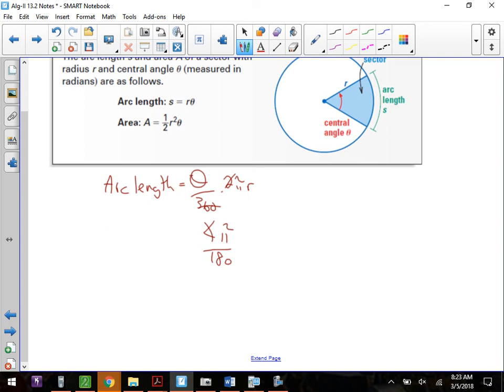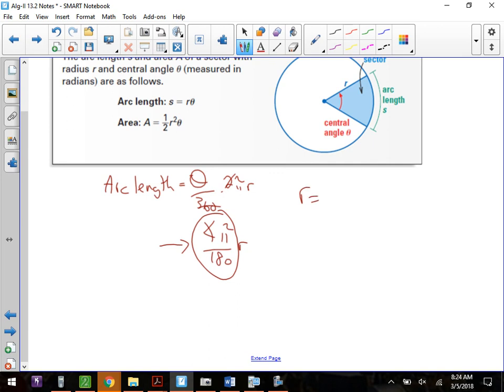So arc length last year when you did it, you guys were already converting stuff into radians. You just didn't know you were doing it. So this value here is the conversion from degrees to radians multiplied by the radius. And this is exactly what you did last year. You just didn't realize it.